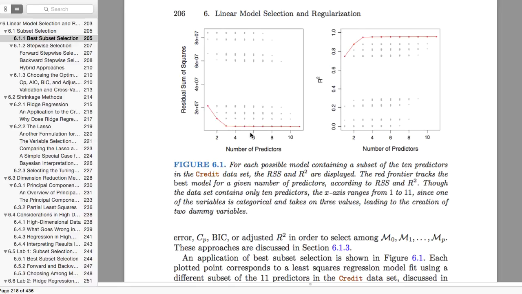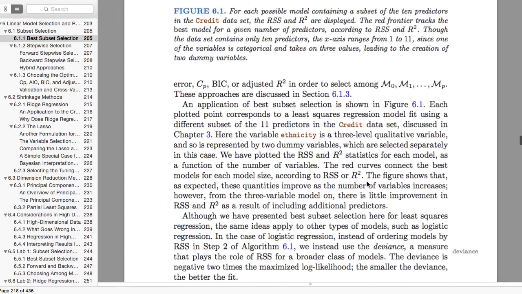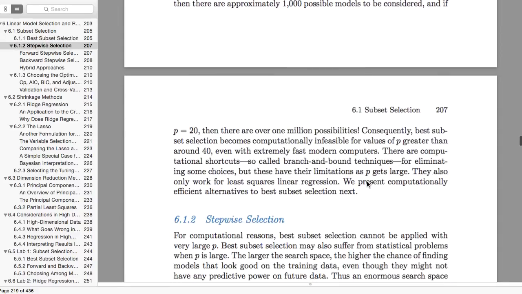Actually, in this one it's possibly up to 6, but that still leaves us quite a few irrelevant predictors. That's really the big problem. The least squares model may have irrelevant predictors, and it most certainly cannot tell us that some of the predictors are irrelevant. So we need some way to figure that out.